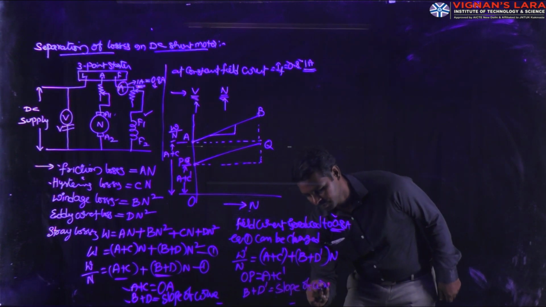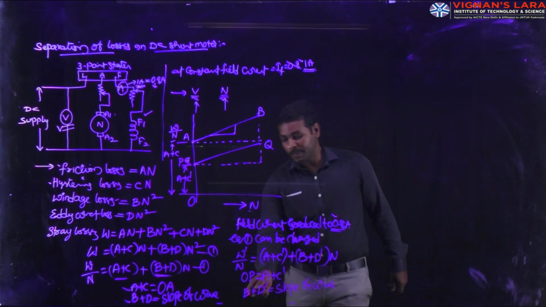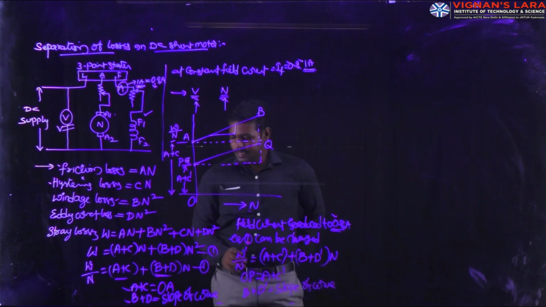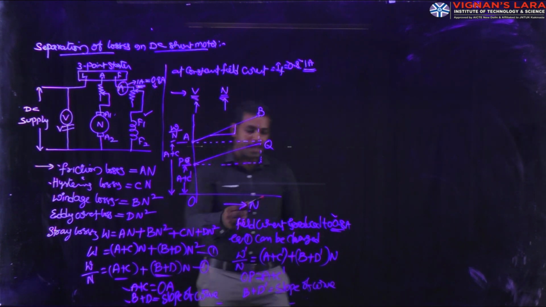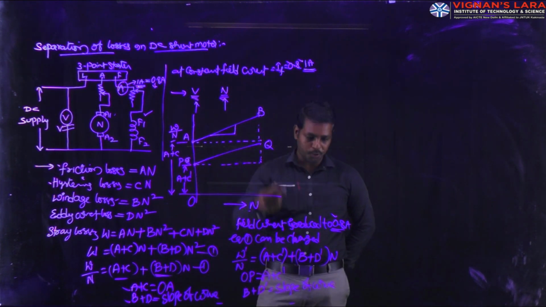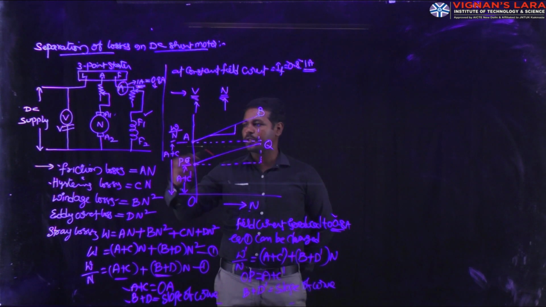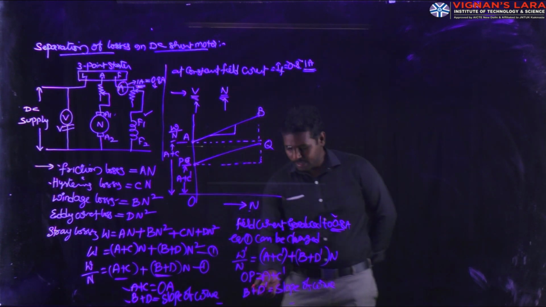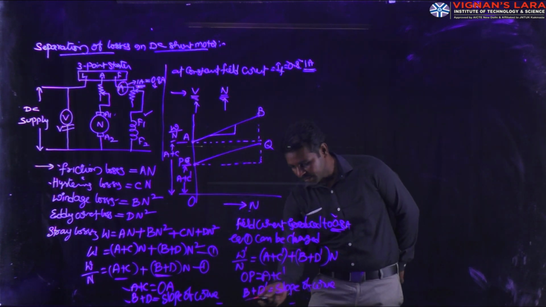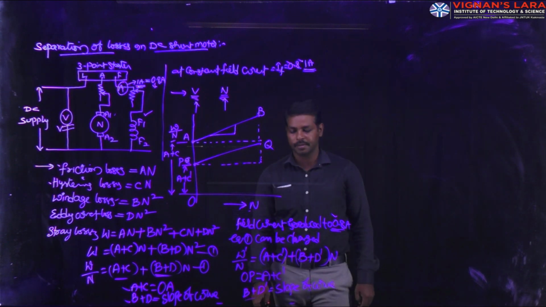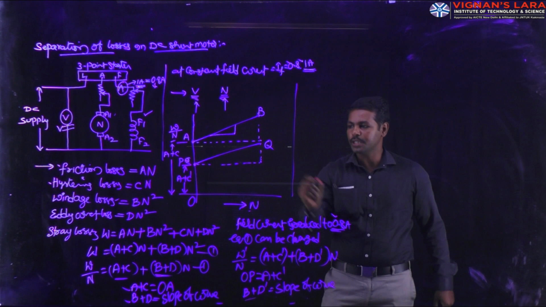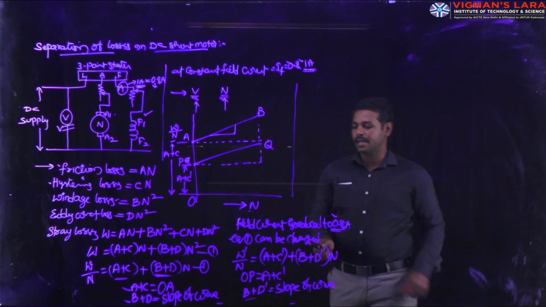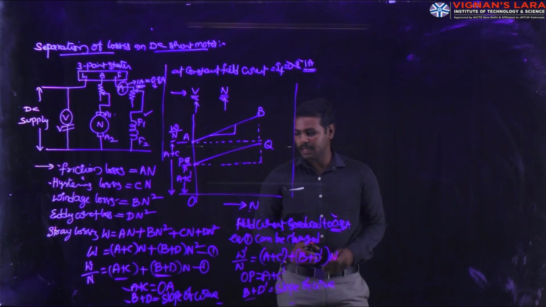So from the first characteristics we can find A plus C and B plus D. By varying the field rheostat from one position to another, we proceed with the same procedure and get A plus C dash and B plus D dash. Based on these two, we can easily separate all the losses.